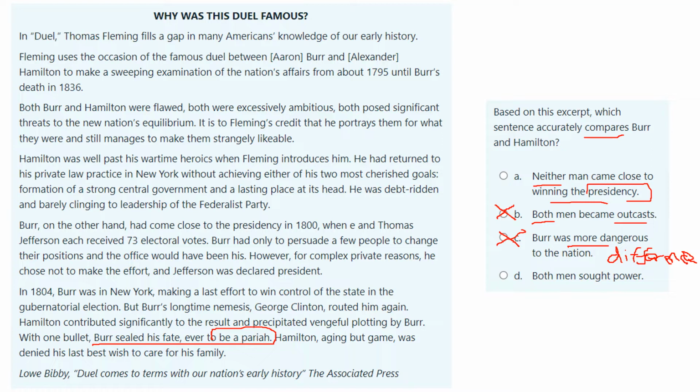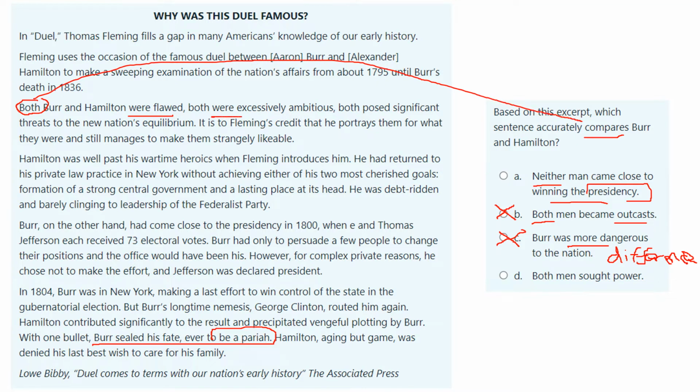Fleming uses the occasion of the famous duel between Burr and Hamilton to make a sweeping examination of the nation's affairs from about 1795 until Burr's death in 1836. Both Burr and Hamilton were flawed. They had weaknesses, both of them. That's the similarity. That word both links to the idea of the comparison.